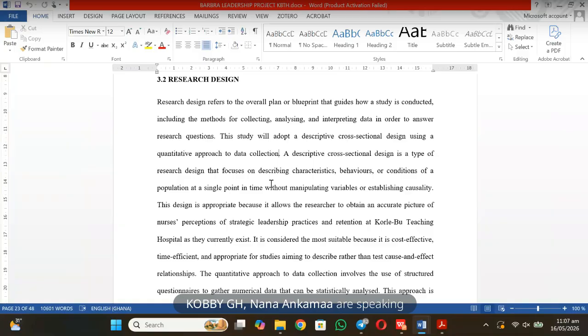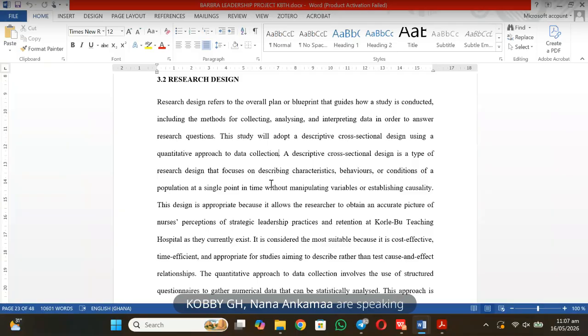Okay, that is great. Then you define the design that you use. So let's assume you want to do a quantitative study. How will you write the second sentence? This study will adopt a descriptive cross-sectional design using the quantitative approach to data collection.